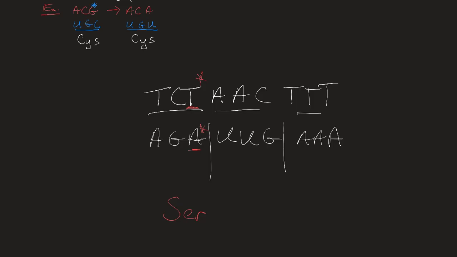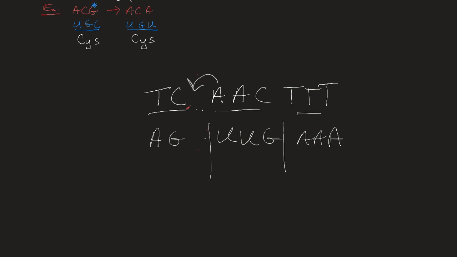But what could do it, if you think about it, what could get a serine is if we deleted this. What if we deleted T? Then this one becomes TCA, right?